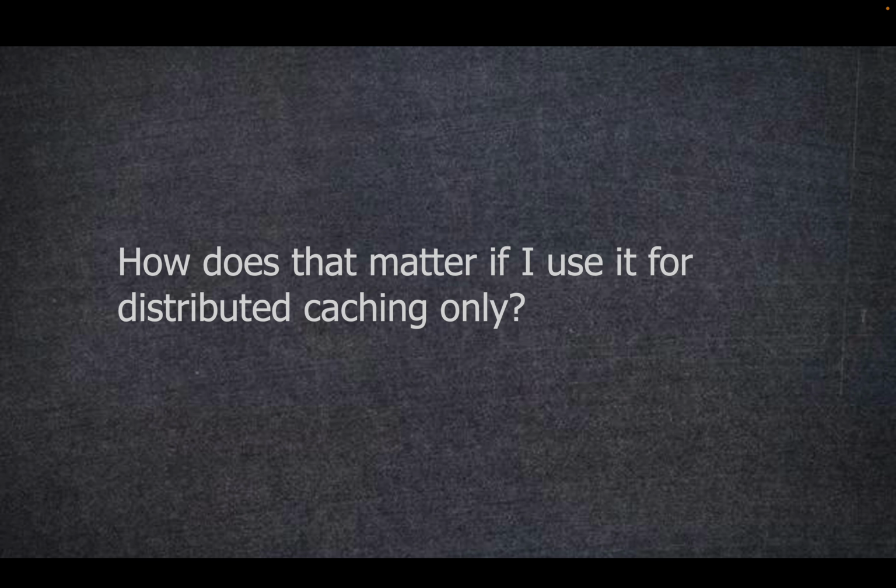But now you may ask, okay, fine, Redis can do so many things. And yes, it is designed to be a primary data source, a database with memory first. But how does that matter to me if I am only using Redis as a distributed cache manager? But think about it.